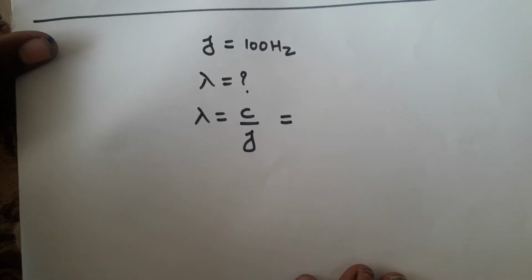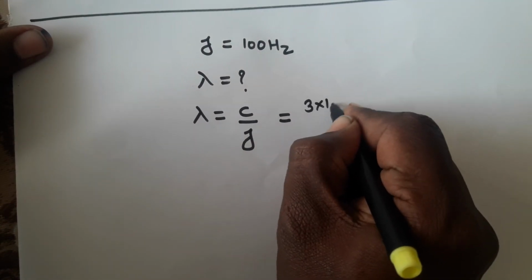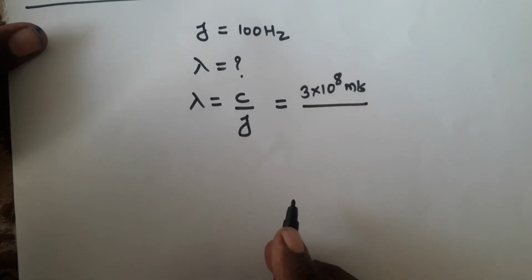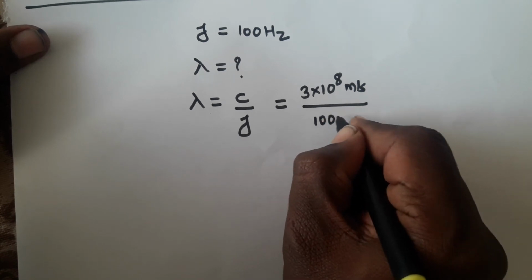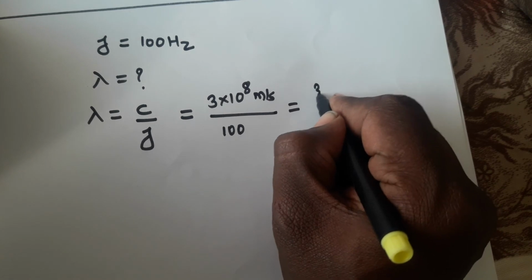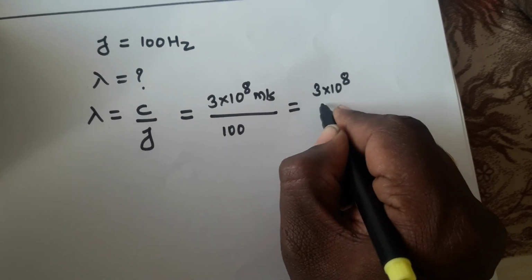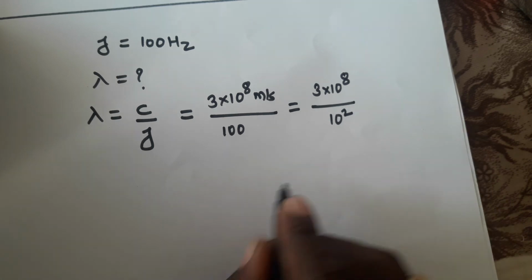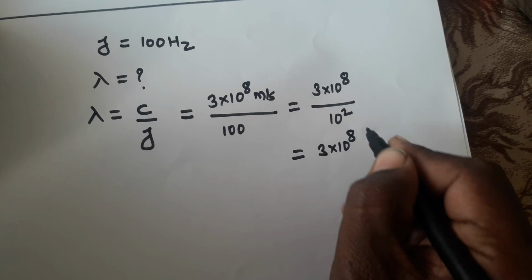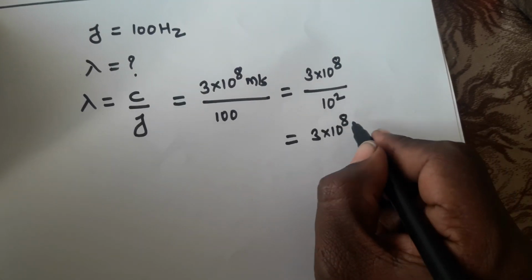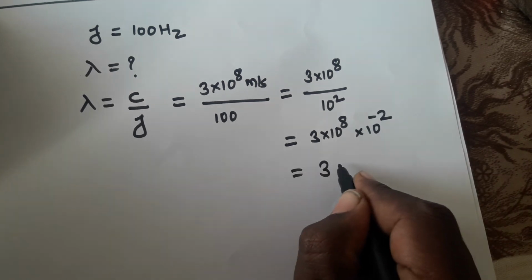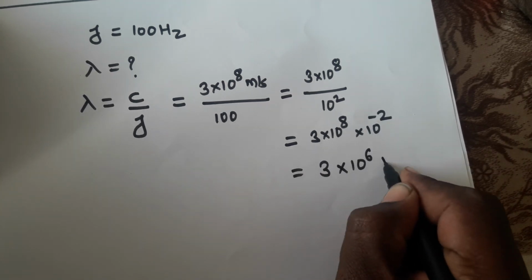Now c is 3 into 10 raised to 8 meters per second, that is the velocity of light, and f is 100 hertz. So it becomes 3 into 10 raised to 8 divided by 10 square. If the denominator value comes to the numerator, it is 10 raised to minus 2. So the wavelength becomes 3 into 10 raised to 6 meters.